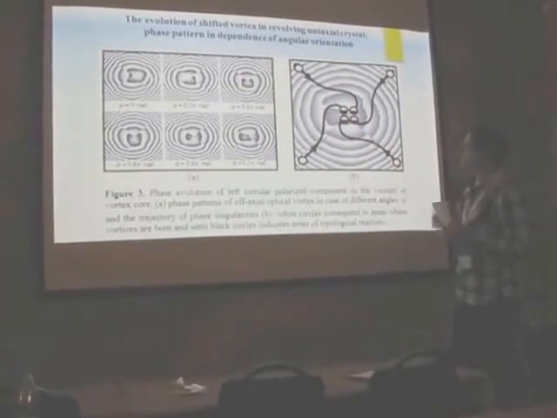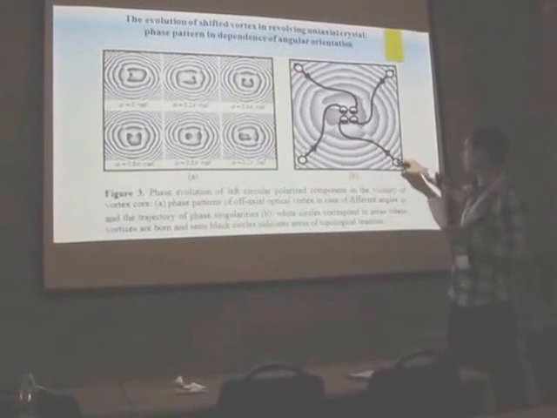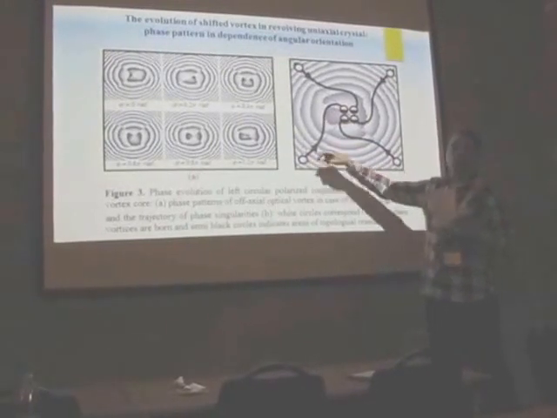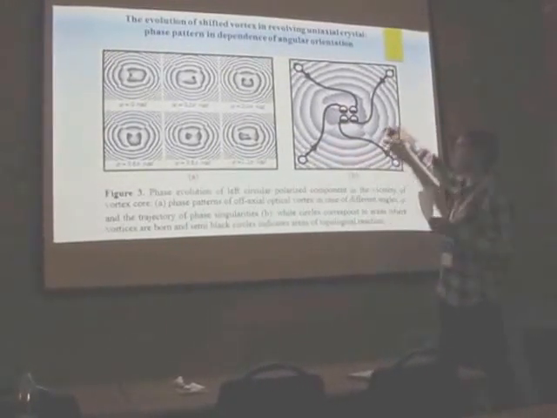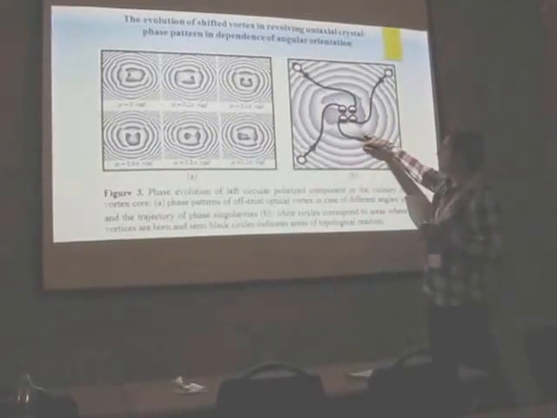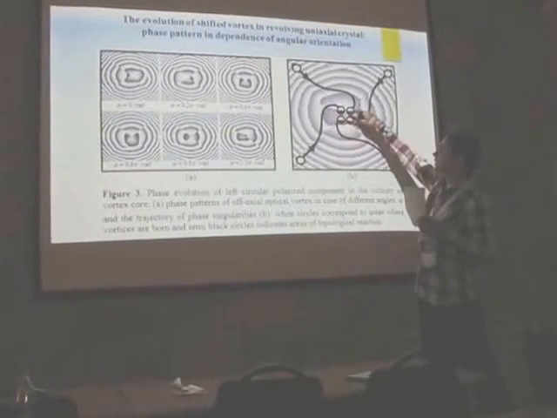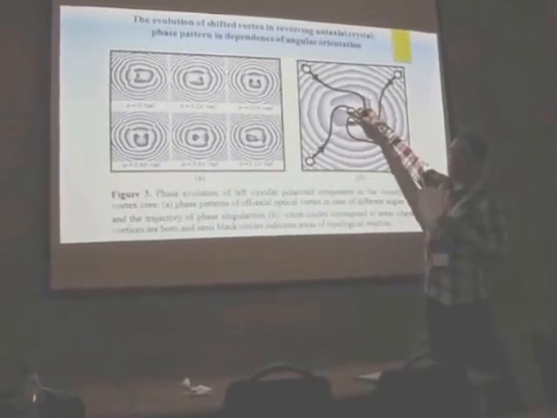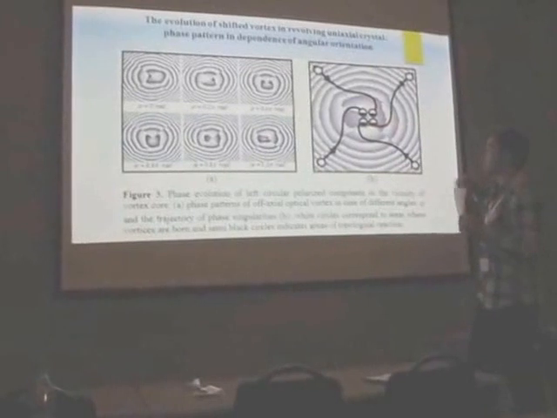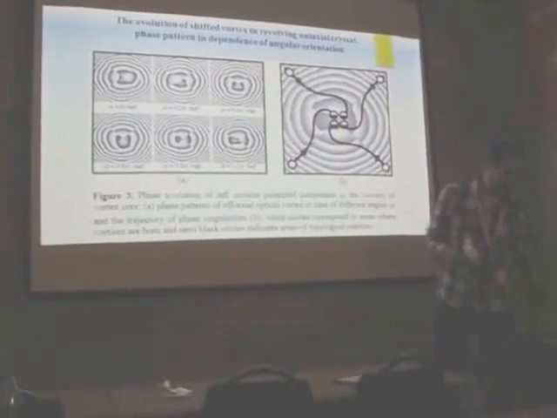The white circles marked here are the birth points of optical vortices. They come through our field and can interact with the initial vortex in the center of our beam.